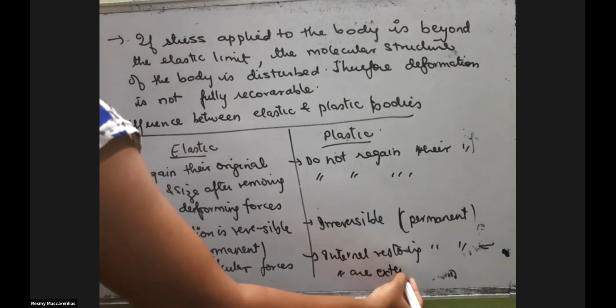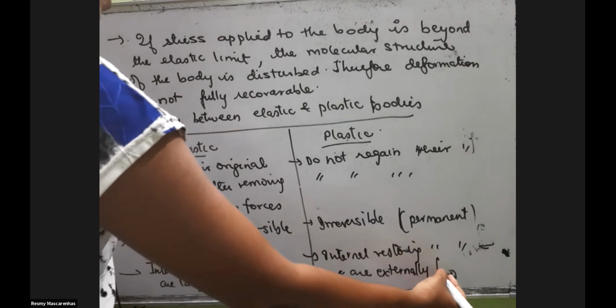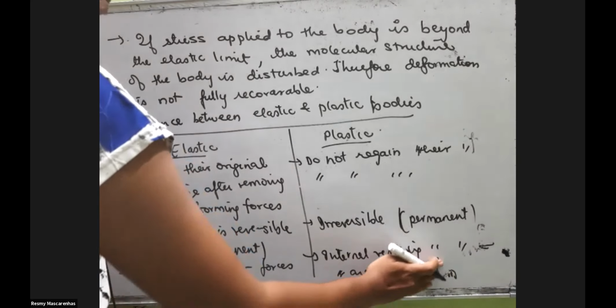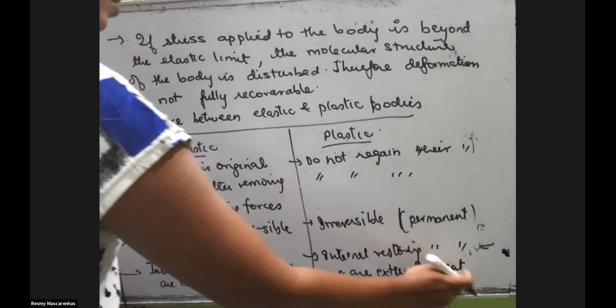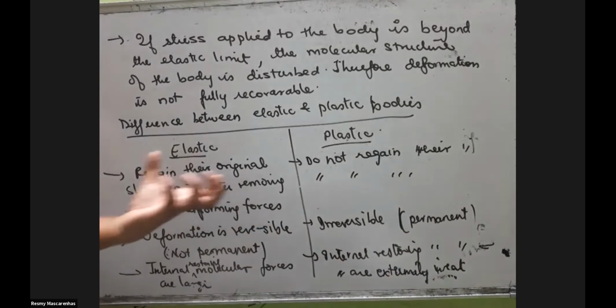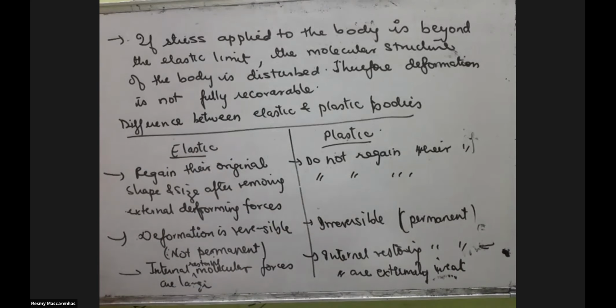That's why they don't bring the body back. Here the forces are strong enough, so they pull back the molecules. There they are weak, so the bonds will break. So this is the difference between elastic and plastic bodies.